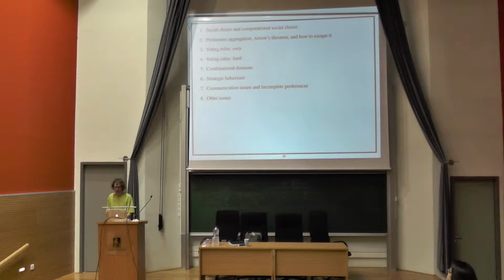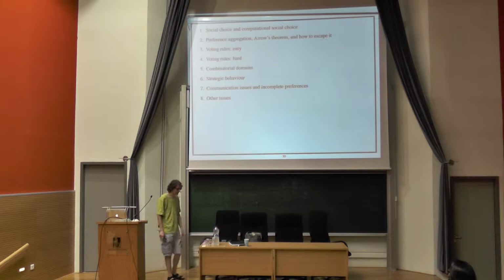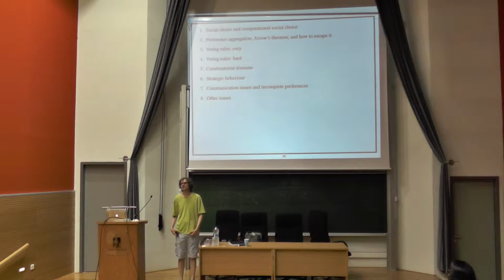Okay, so now let's move to voting rules. I'm going to define very many voting rules. Maybe this is the most important part of the course, and I hope that in your future life, I don't know what you will do, but I hope you will have to organize many kinds of elections.